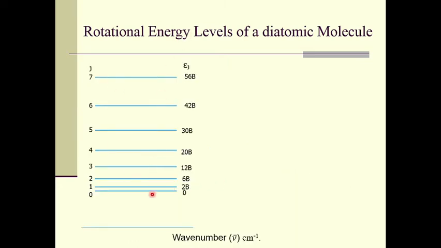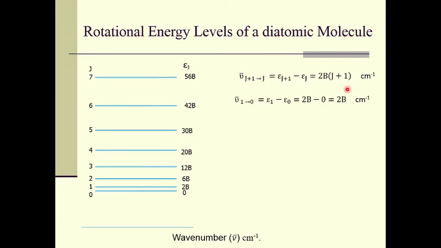We have these energy levels that we have already studied, and now let us study the spectrum here. Usually the spectrum is expressed in terms of wave number unit, or per centimeter units. So what we have is the transition from j plus 1 to j, between any two adjacent levels, and we know that it is 2b into j plus 1.